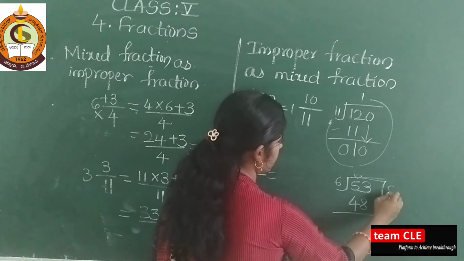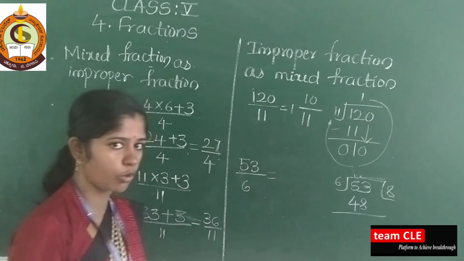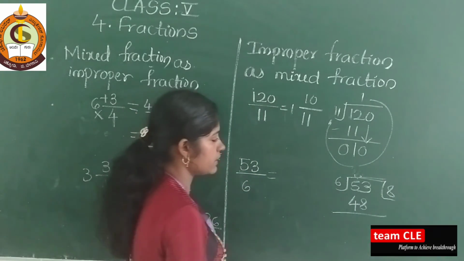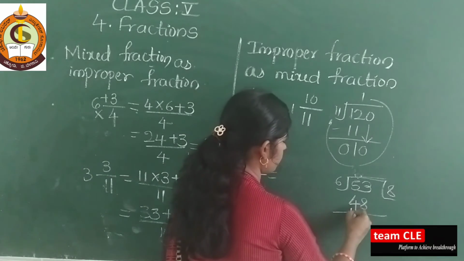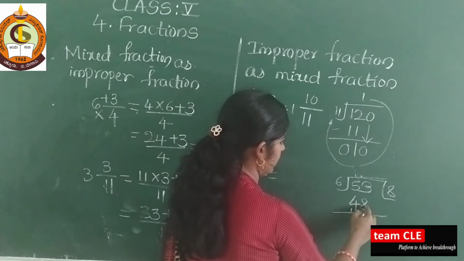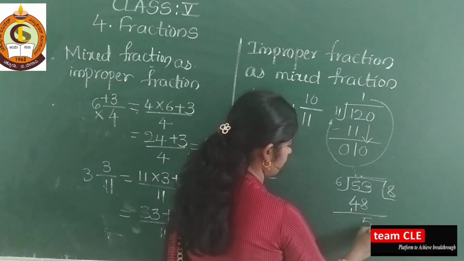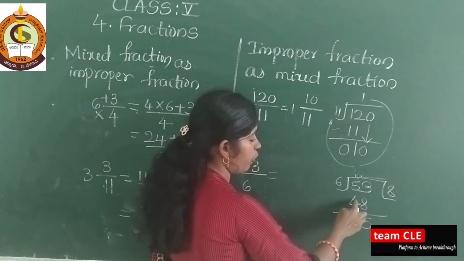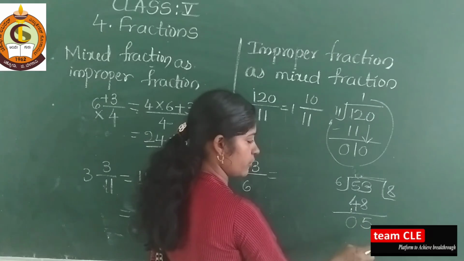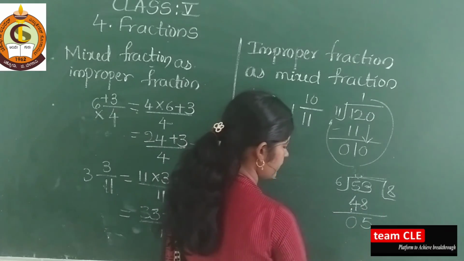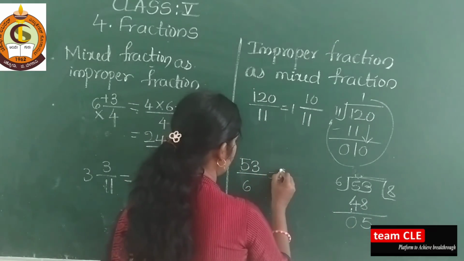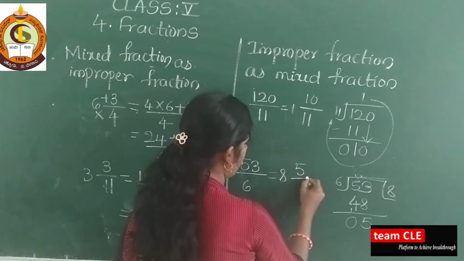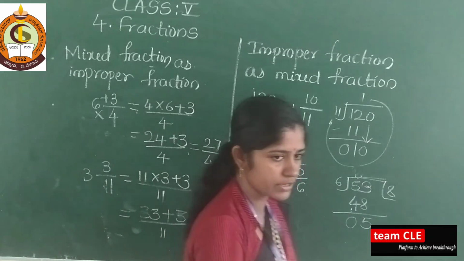If you are writing it here also, no problem. Don't get confused. 48, 3 minus 8 not possible. Take carry. 13 minus 8 is 5, and 5 minus 5 is 0. 5 means 4 plus 1 is 5. 5 minus 5 is 0. So next, how to write this? 8 integer 5 by 6. Okay.